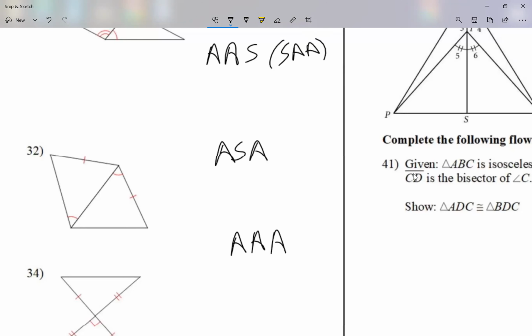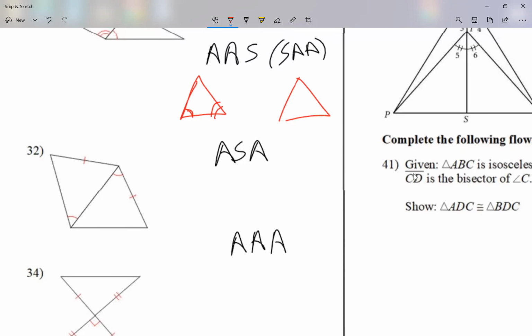Now, angle side angle, let's say I have 2 triangles here. Angle side, you see how there's 2 angles, 2 A's? Let me mark 2 angles of each triangle. On my first triangle, let me mark this angle and this second angle.